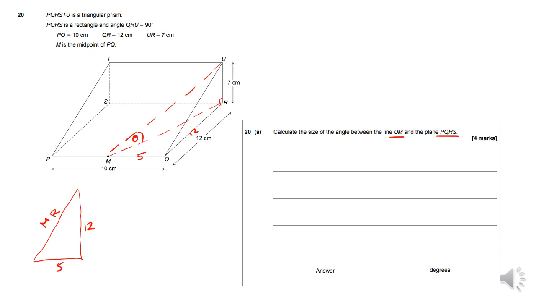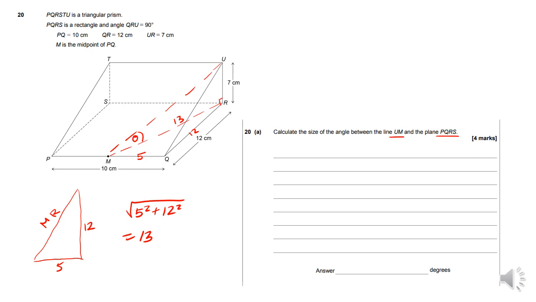There we go. So that's 5. That's 12. So we can quickly figure out MR by doing 5 squared add 12 squared. And I think that's a Pythagorean triple. So I'll square root that and get 13. Sorry, I should have remembered that that's a Pythagorean triple.